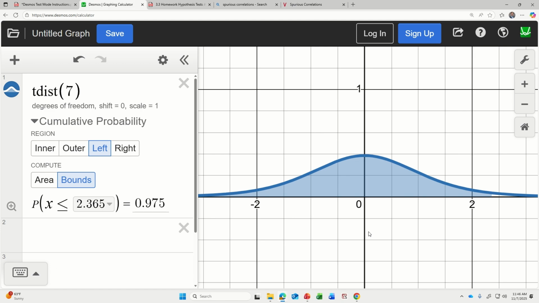So what the quantile function is telling me is, if I want the blue shaded region to include 0.975 of the area under the curve, then this point right here, where the blue shaded region cuts off, has to have a value of 2.365.